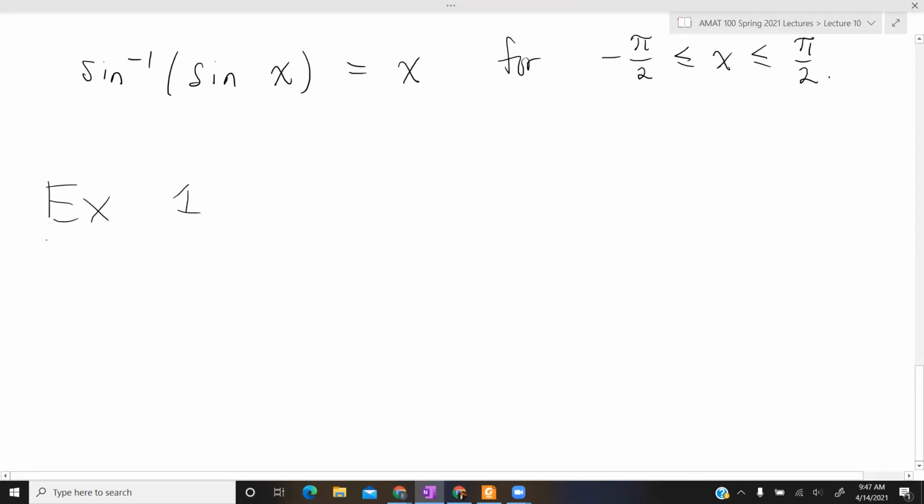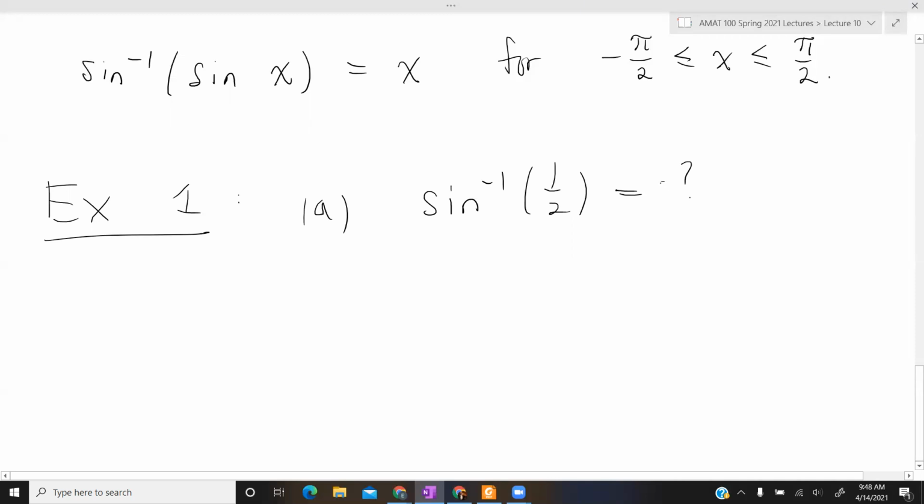This is example 1 in the book, part A, and we're asked to compute sine inverse of 1/2. Notice 1/2 is in the domain, because 1/2 is between -1 and 1.